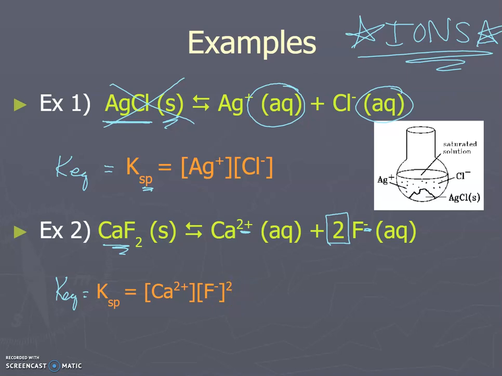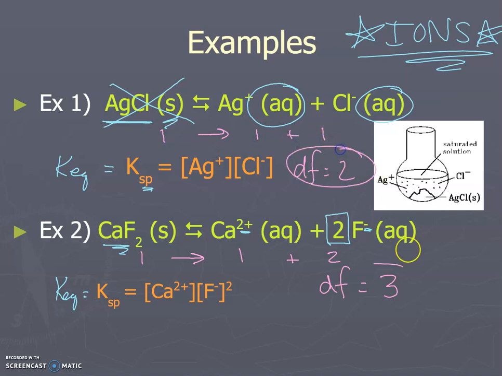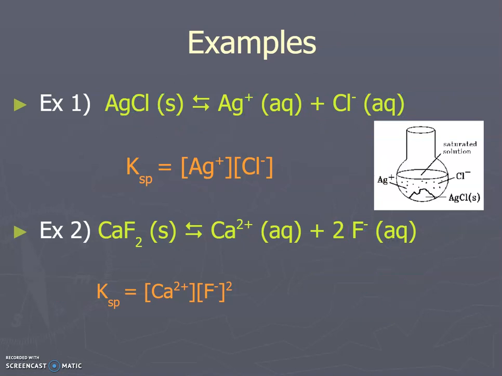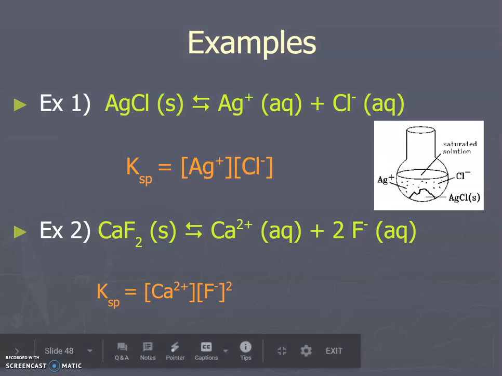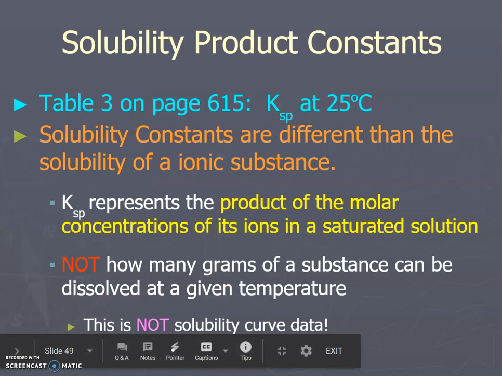If you remember back to our solubility stuff, this one has a dissociation factor of 2, and this equation has a dissociation factor of 3, because every one of these makes one of those and two of the F minuses. Every one of these makes one of the Ag pluses and the Cl minuses. That's why they have different dissociation factors. Ions, ions, ions. I promised you we would use them all the time.